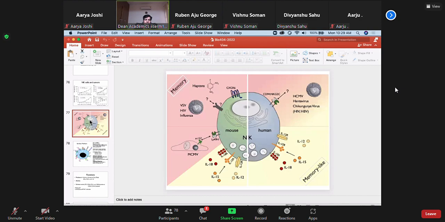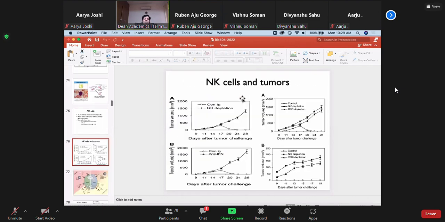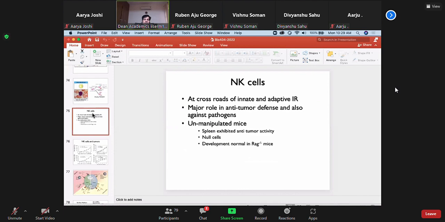No, like two slides up. This experiment, NK cells and tumors. Okay, this one. The 75th slide, sorry. Yeah, the third point, the unmanipulated mice. So you are asking what point I wanted to make using this slide? Yeah, the third point, what does it mean?